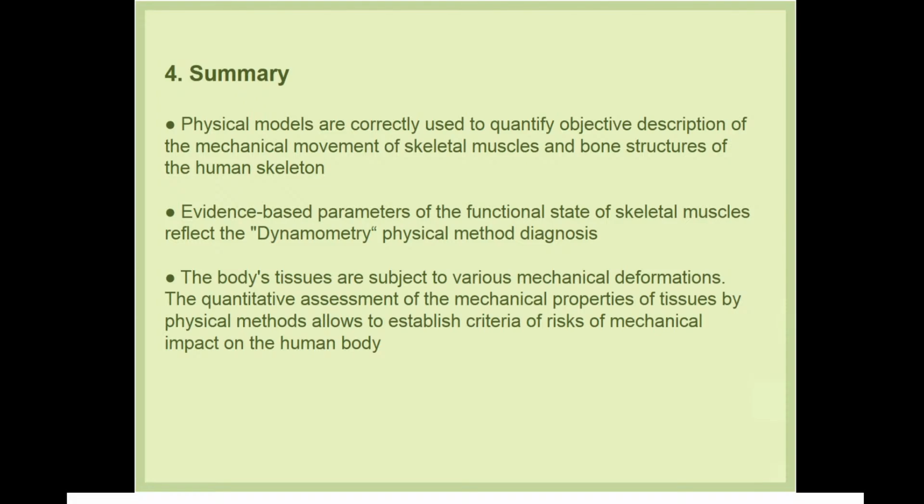Evidence-based parameters of the functional state of skeletal muscles are reflected by the dynamometry physical diagnostic method. And one more, the body's tissues are subjected to various mechanical deformations. The quantitative assessment of the mechanical properties of tissues by physical methods allows us to establish criteria of risks of mechanical impact on the human body.